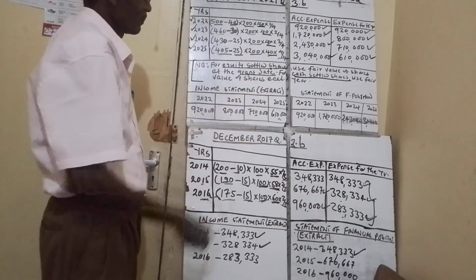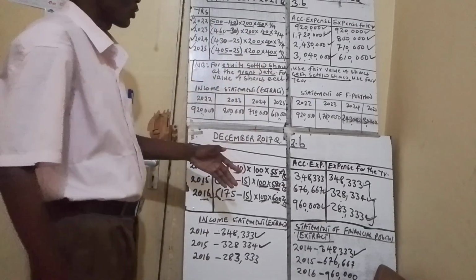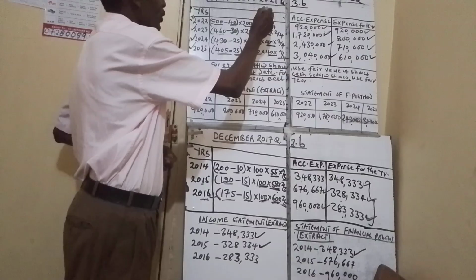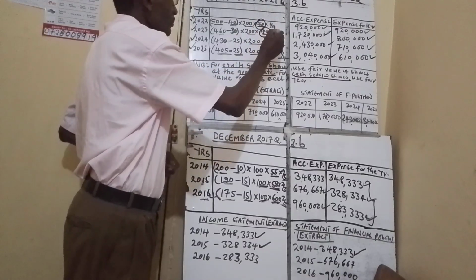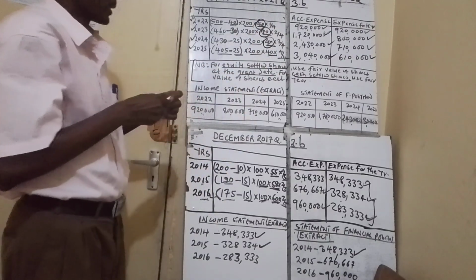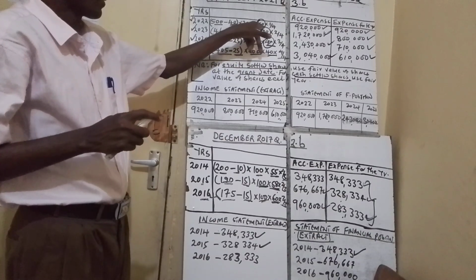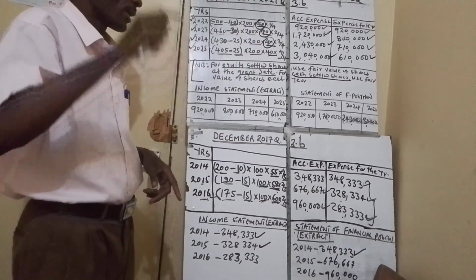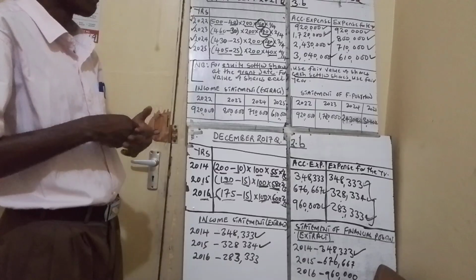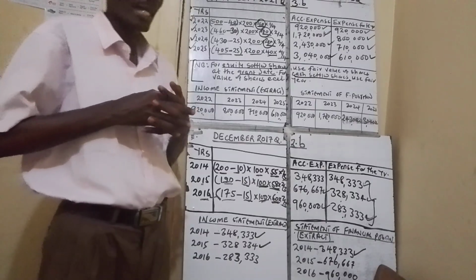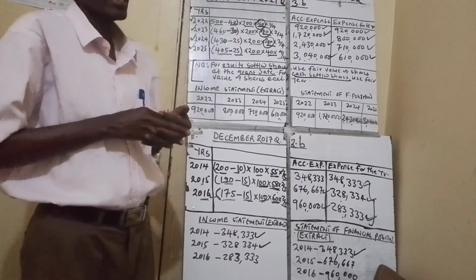If you are using equity settled, the difference is only here, this number. You multiply this figure by the price, the fair value of shares at the grant date.